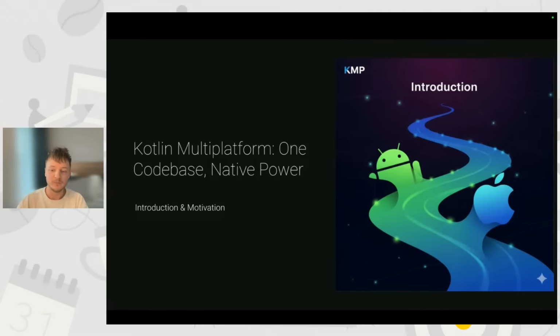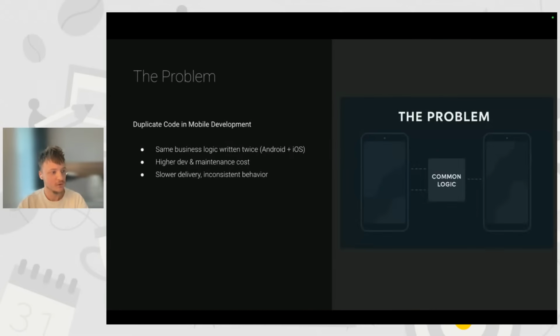Now that you know a little bit about me and our goal of this talk, let's switch to the real part. The main problem when developing mobile applications is that we have a common code base which is being developed separately for two applications, for iOS and for Android, and obviously it leads to some problems.